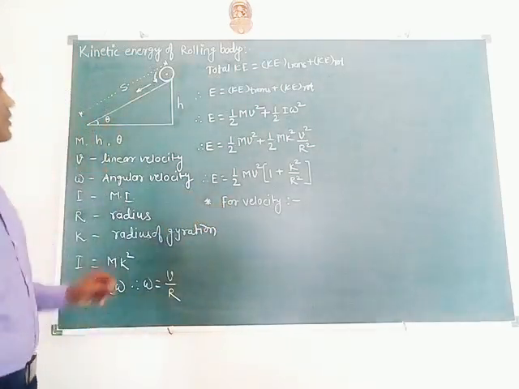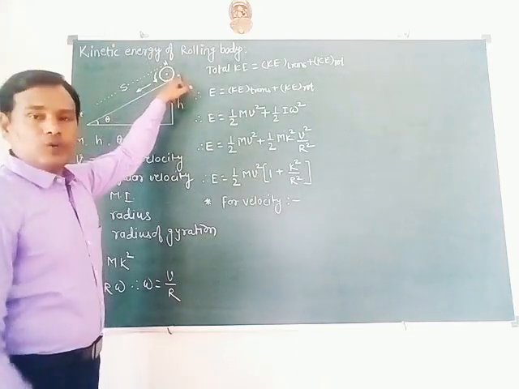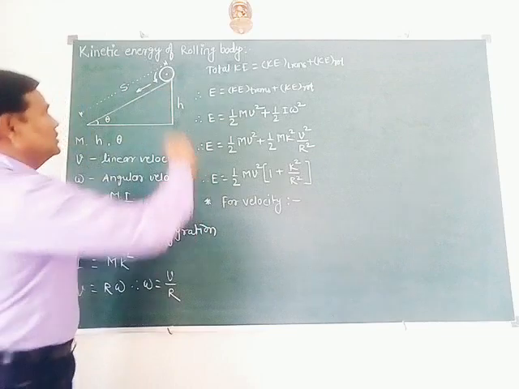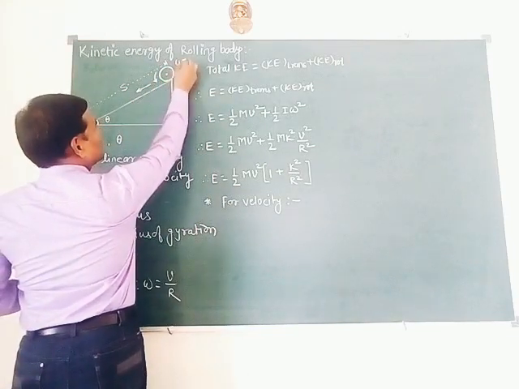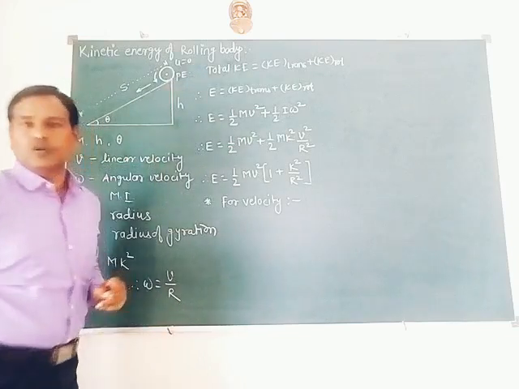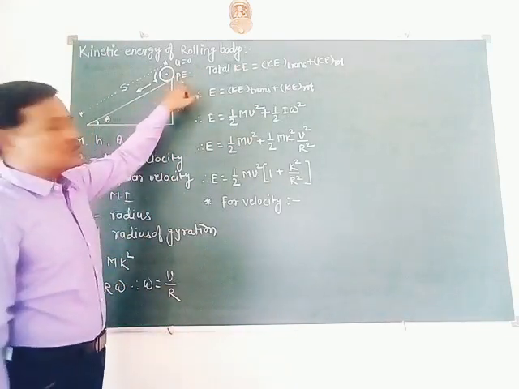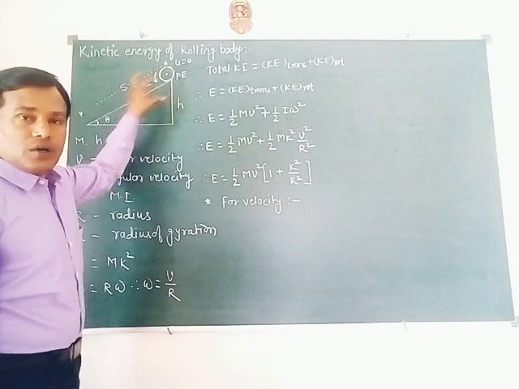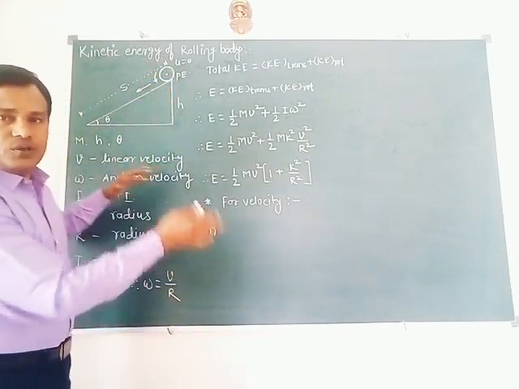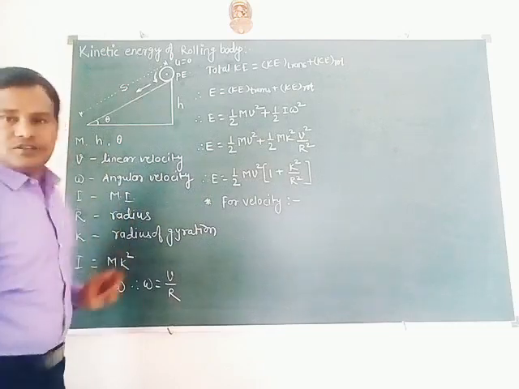See here carefully. At this highest point the body is just kept at rest, meaning its initial velocity is 0, and it has some potential energy at this point. When it is allowed to roll, this potential energy gets converted into kinetic energy.